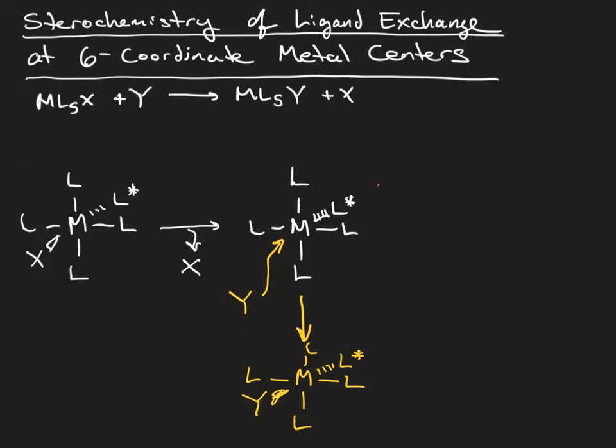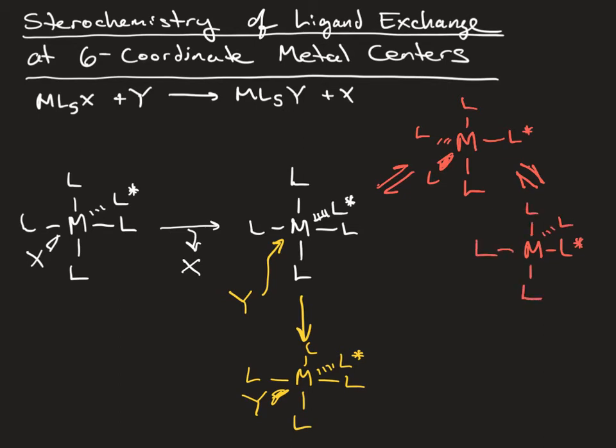However, if a Berry pseudorotation is rapid, then you would undergo conversion from the square pyramidal to the trigonal bipyramidal, back to the square pyramidal, and now we have the vacant site cis to that L star. So Y can come in and occupy there.